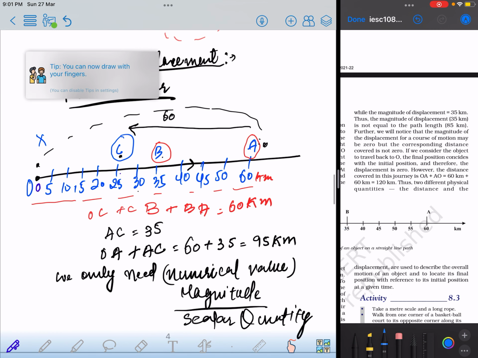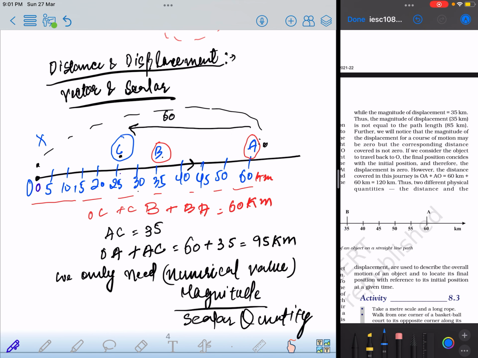Suppose the object first moves from O to A to B, B to C. Now if we say that C to O, this is O to A plus A to O. What is the total magnitude of distance? That is 120 kilometers. But what about the displacement? Final position is 0. Initial position is 0. So displacement here is 0.